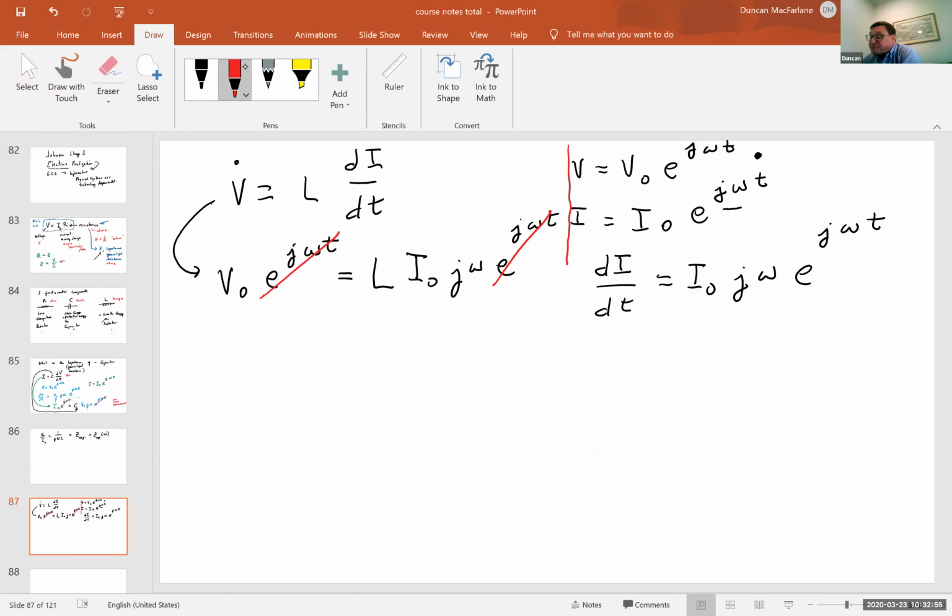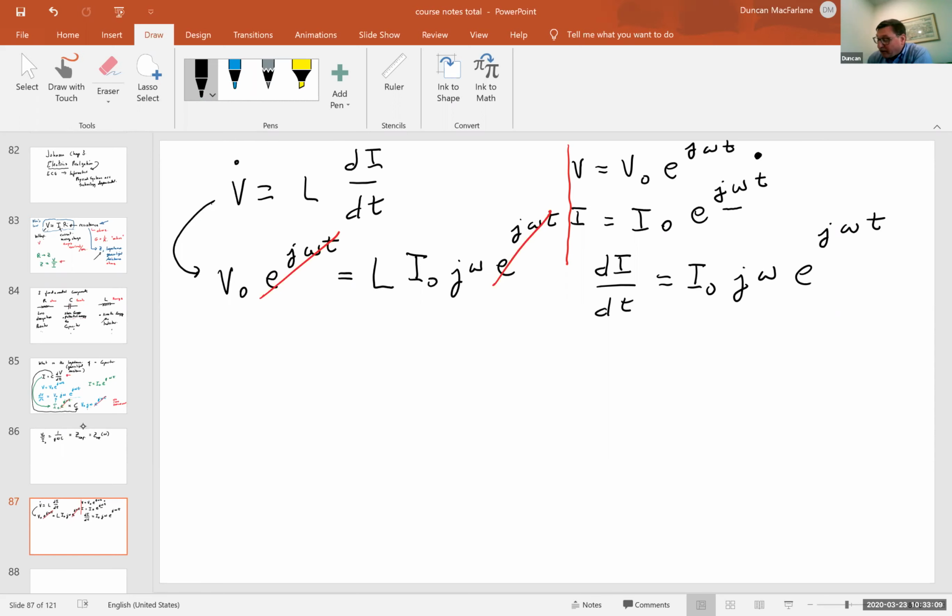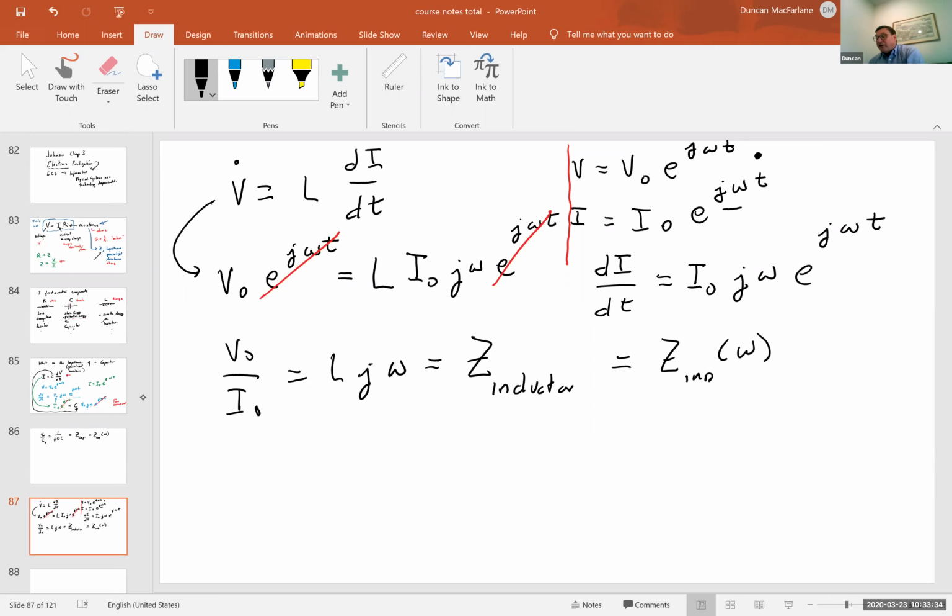And so I can write an equation for V naught over I naught. So I just divide through by the I naught, and I get L j omega, which is equal to Z, the impedance of the inductor, and that's an impedance that's still a function of frequency.